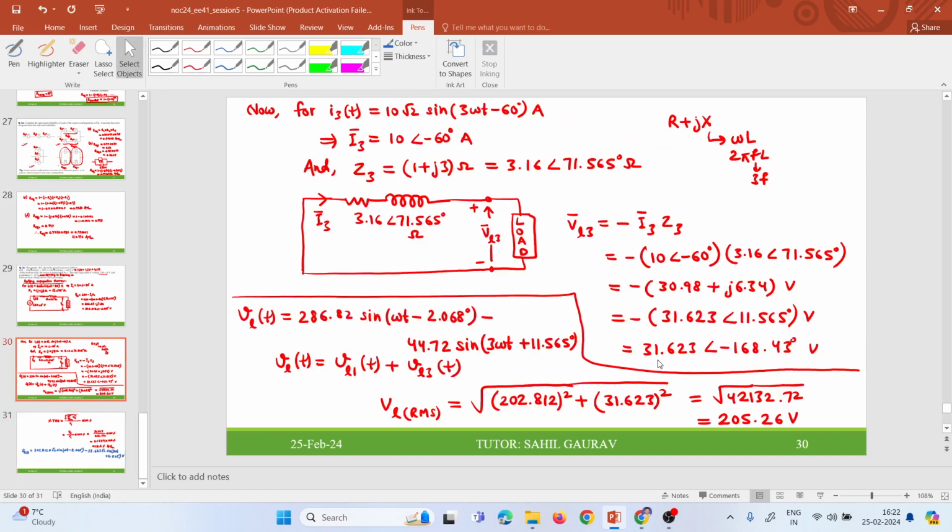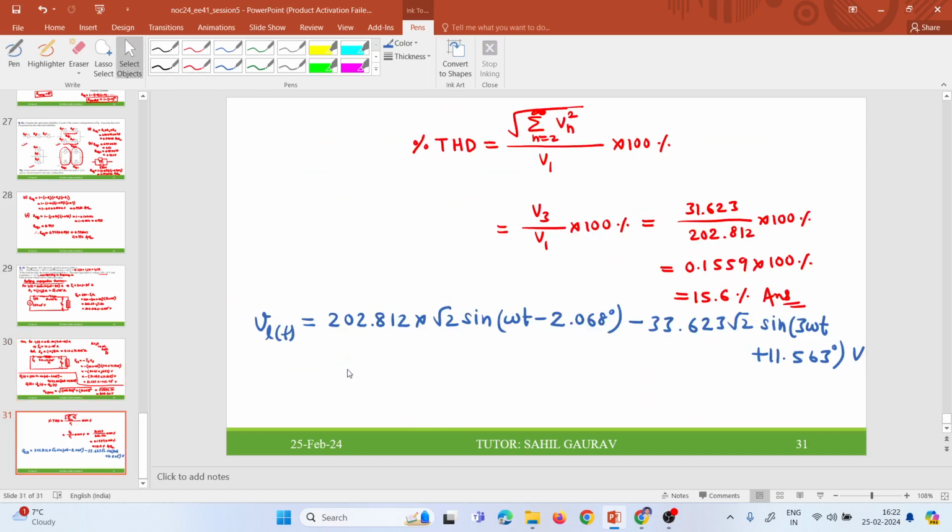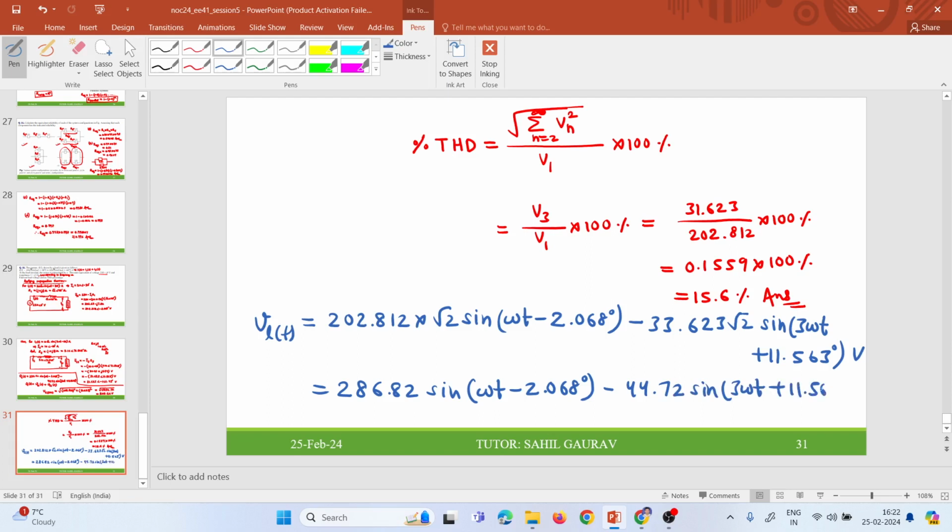Just multiplying with root 2, you will get this value. We already wrote 286.82, so you will get this value: 286.82 sine omega t minus 2.086 degree minus 44.72 sine 3 omega t plus 11.563 degree volt. Minus you can take in terms of the angle also.